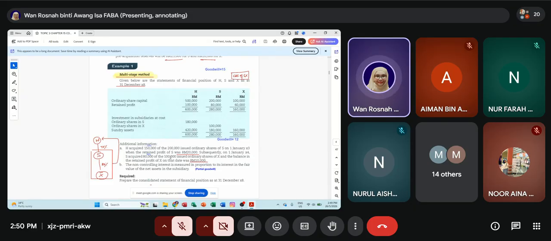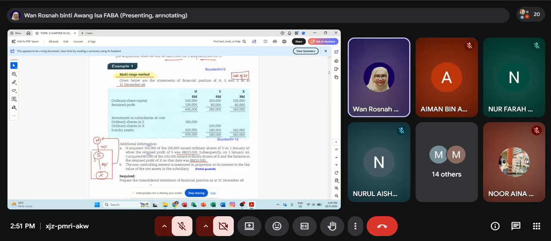Okay, in this case, S has a subsidiary, so H has an indirect interest in X, if you can see here.